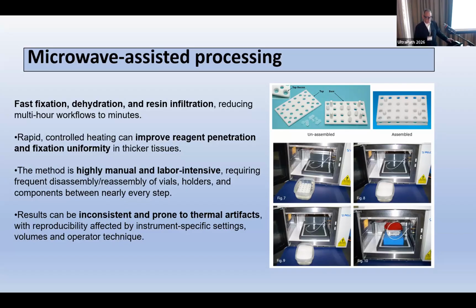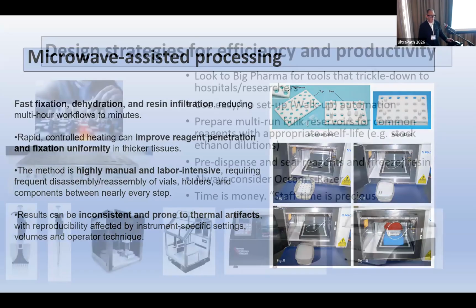I have not done a lot of microwave assisted processing myself. And that's one thing about the robotics. They're not quite as fast, the state of the art these days, as microwave, but it's approaching that point where the fact that it's hands-free is as good as the fact that it's fast.